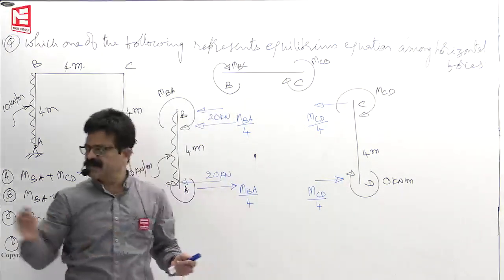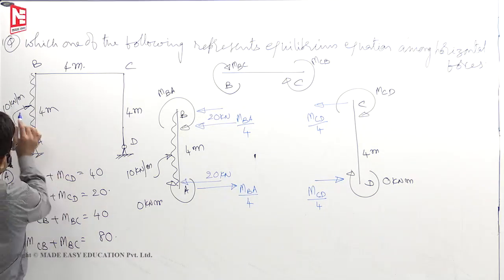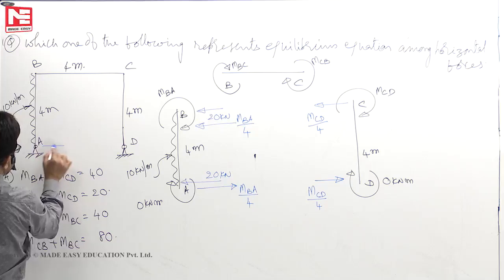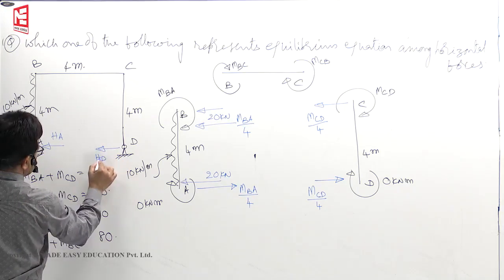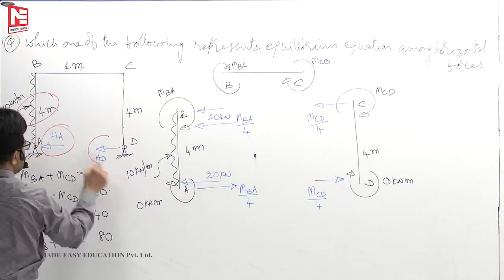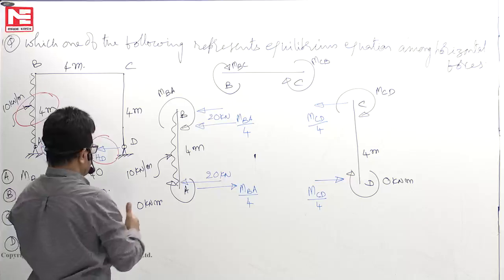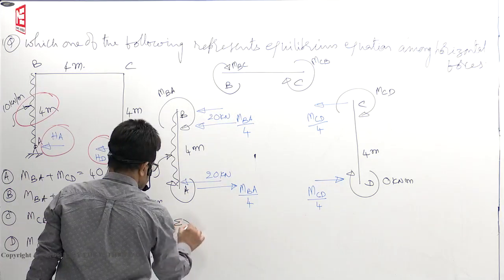Now sigma x 0 means horizontal shear equation. Coming to this one, when I push it to the right side, reaction is left side, HA, HD. So sigma x 0 means UDL, HA, HD you have to add. Now when you add that, you will get sigma x is equal to 0.